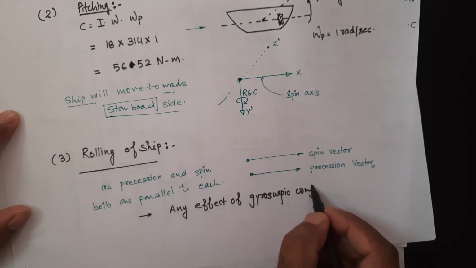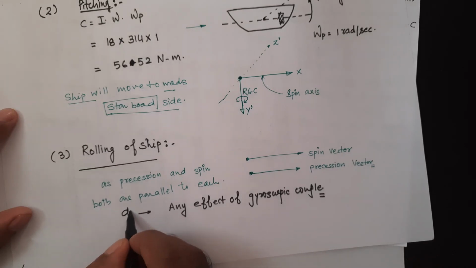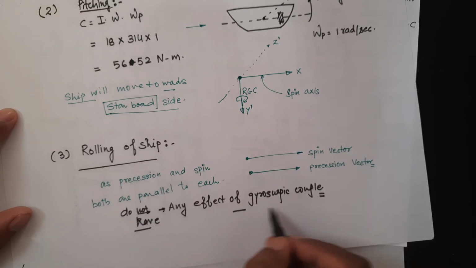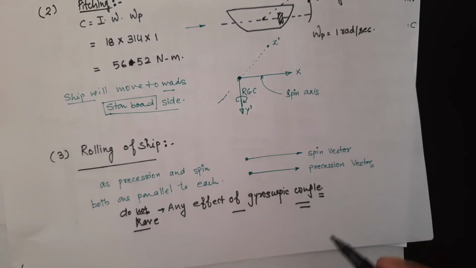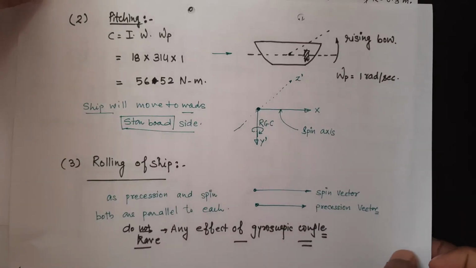So in this case the gyroscopic couple will not develop. So we do not have any effect of gyroscopic couple. So in that way we analyze the motion of the naval ship.